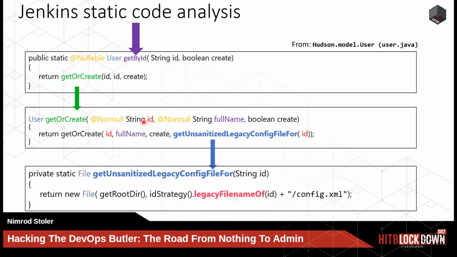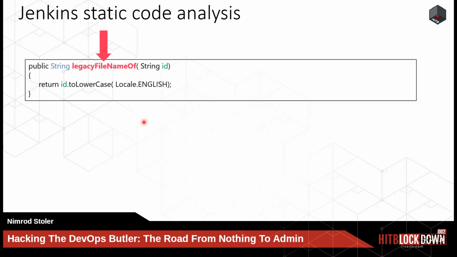It seems that there was some Jenkins legacy file system that was used to populate the user's database. Digging in, we found two sister functions relating to this legacy database. So we have this get unsanitized legacy config file for, which calls legacy file name of, and this legacy file name of simply returns the ID.